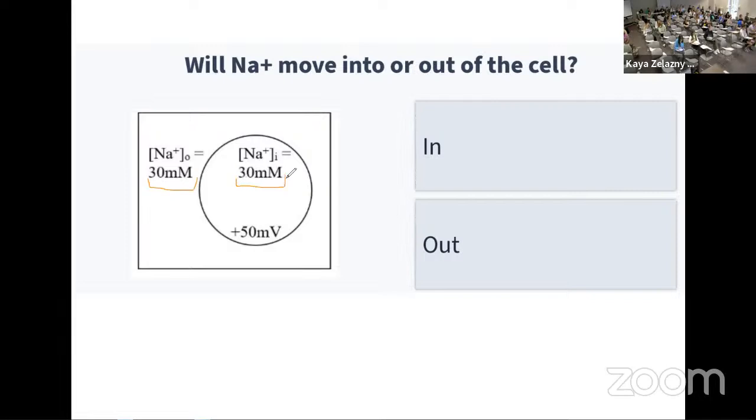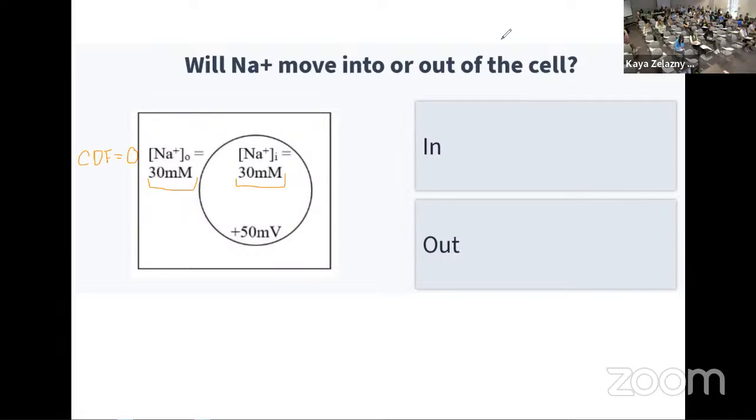So concentration inside and outside are the same. There's no chemical driving force, or we could say the chemical driving force is 0. Okay. In this case, where we have equal concentrations, we do not have to worry at all about the chemical driving force because when we add or subtract it, we're adding or subtracting 0.